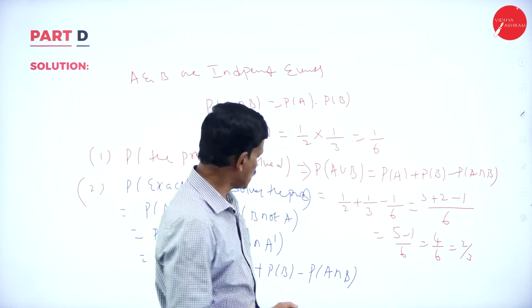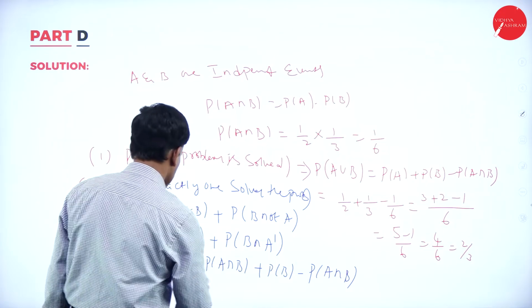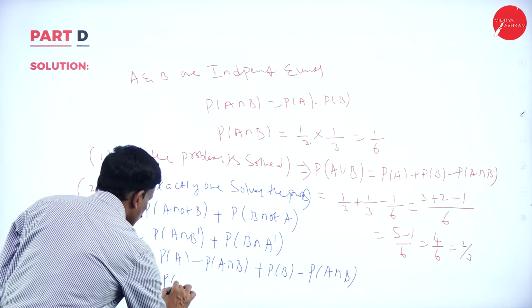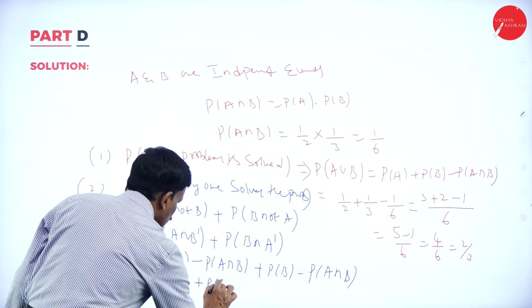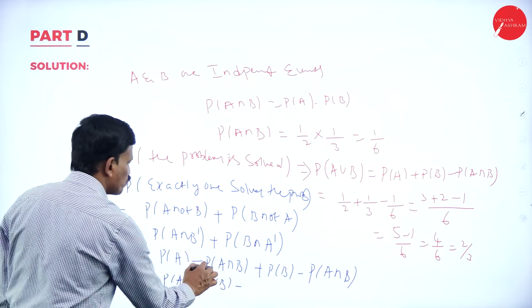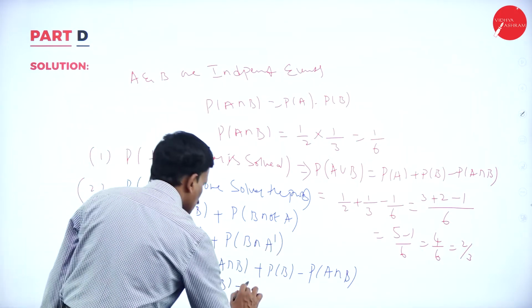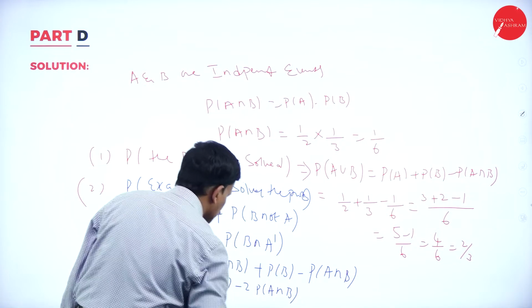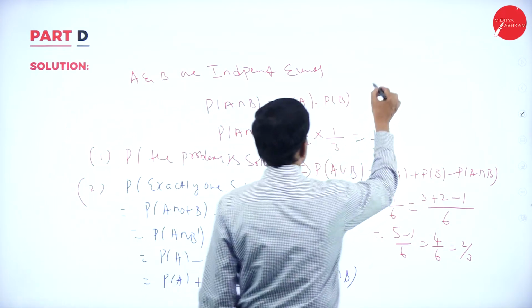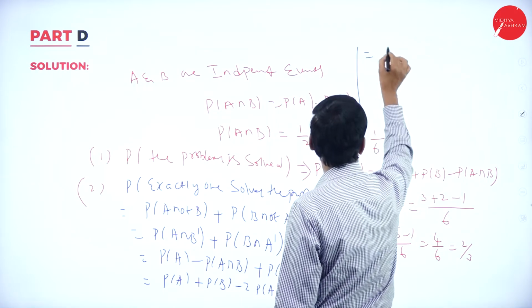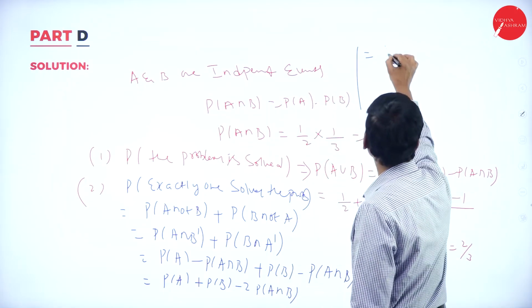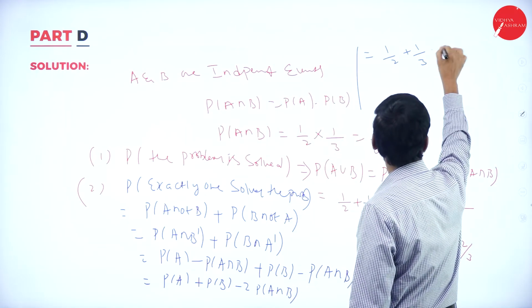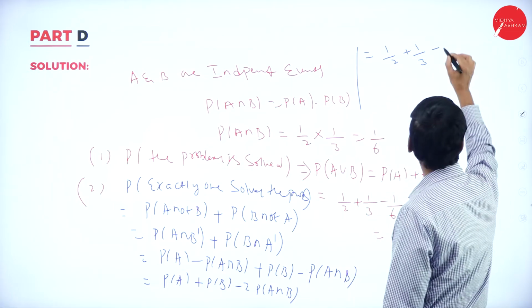So, this can be written as probability of A plus probability of B minus 2 times probability of A intersection B. So therefore, this is equal to, what is probability of A? 1 by 2. What is probability of B? 1 by 3 minus 2 times.